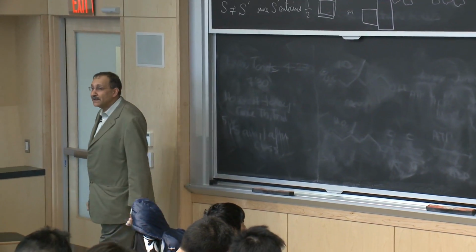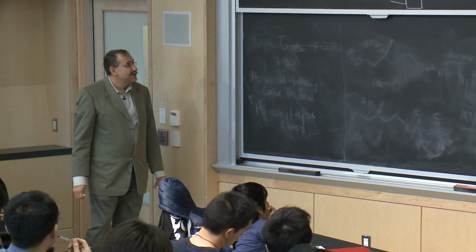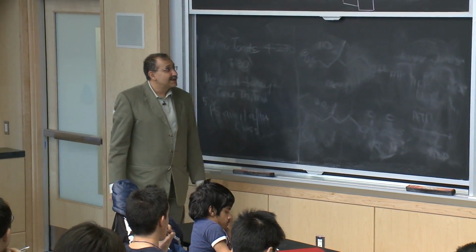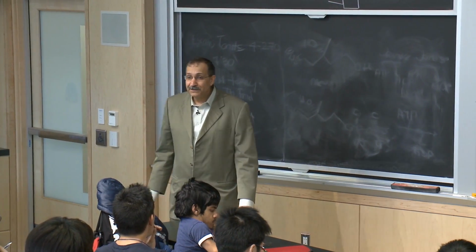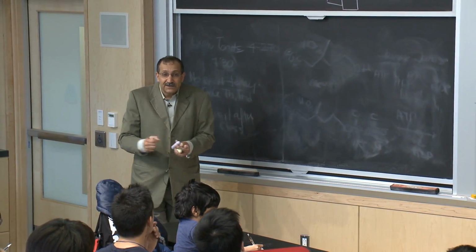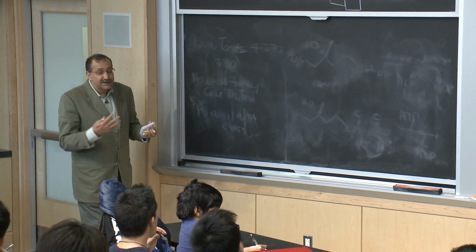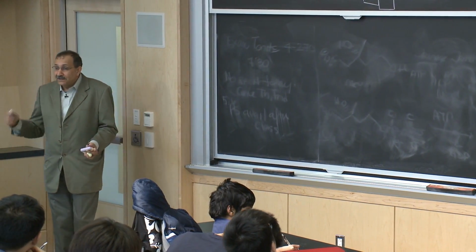Very roughly and hand-wavingly, the thing is that S has loops that avoid each other, don't intersect, whereas S prime has loops that intersect.